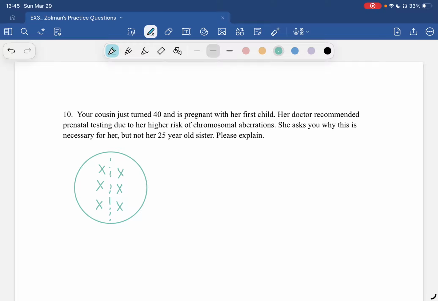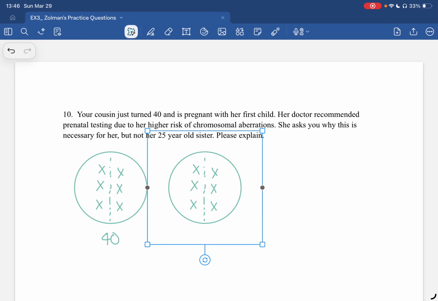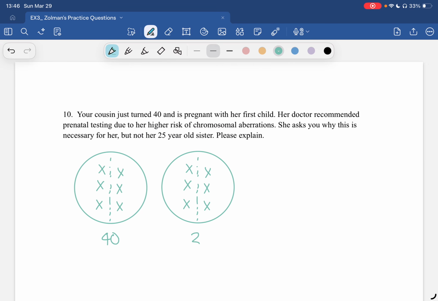If you think about it, the longer something has to stay attached, or the older you are, the larger the increase in error. Because if these eggs have to be paired together, just paused for 40 years versus a sister whose eggs only have to be paused for 25 years, there's a lot more time that these eggs in the 40-year-old will have to pair up incorrectly, versus the 25-year-old sister who is younger and has less time to make mistakes.